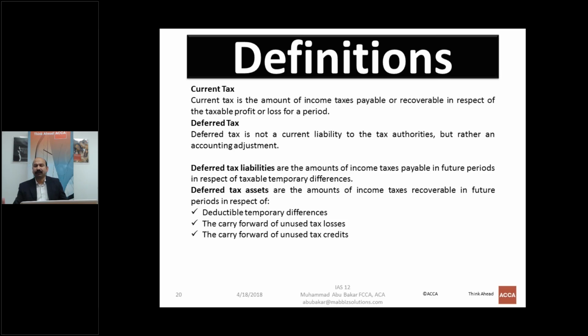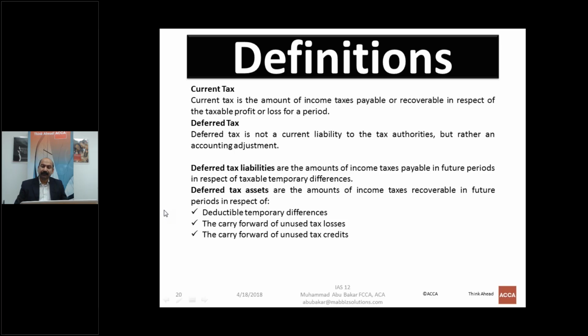If you calculate that we are paying a lower amount than you should, you record the difference as a liability. If you calculate that we are paying more than we should, the difference will be your deferred tax asset, because in the future, this excessive amount will be reversed. So this is deferred tax.